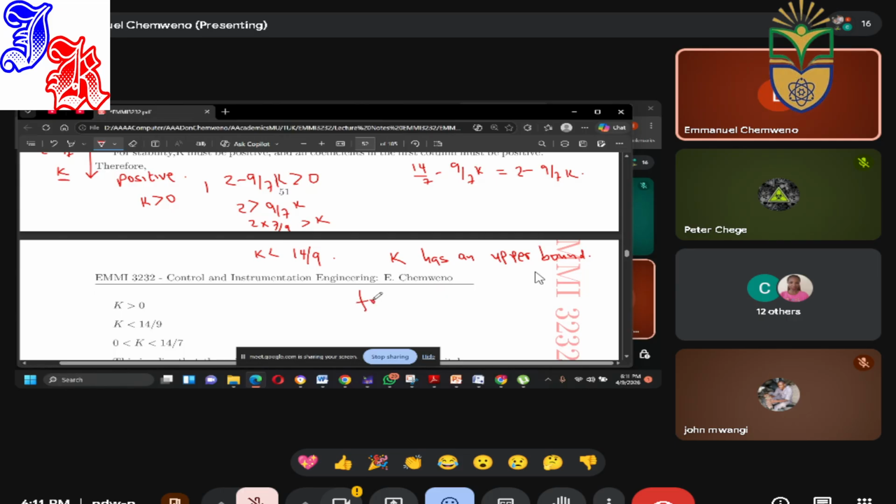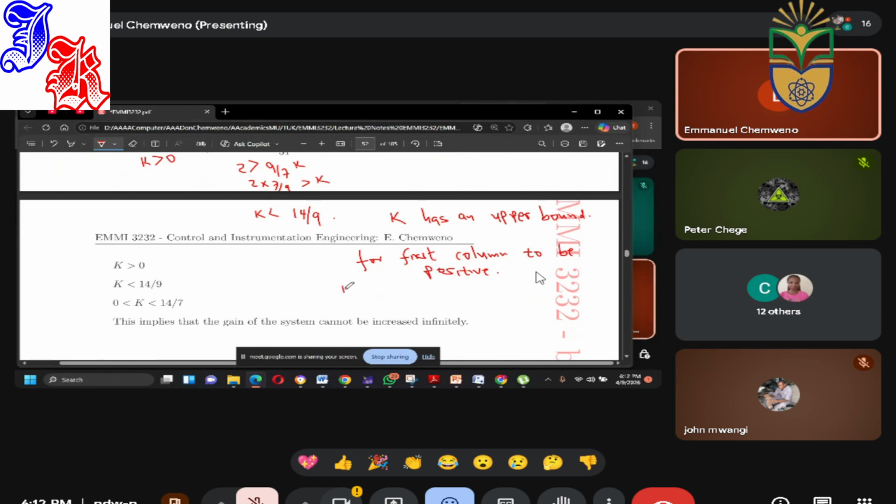For the first column to be positive, that is k should be greater than 0 and k less than 14/9.